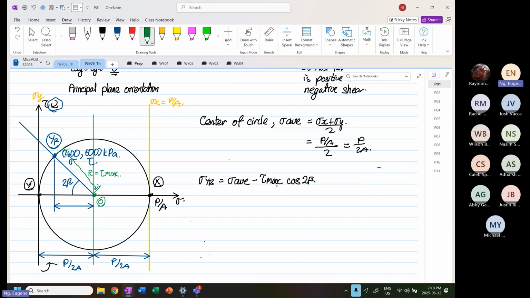Okay, so tau max cos 2 beta, and from here we know that stress average.